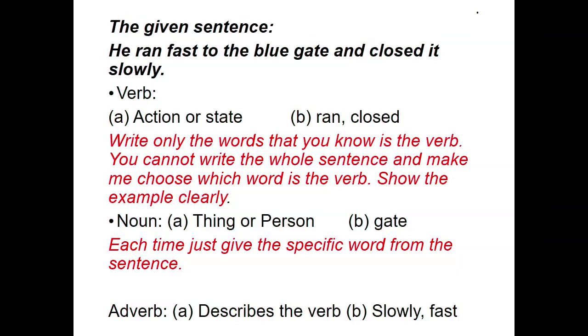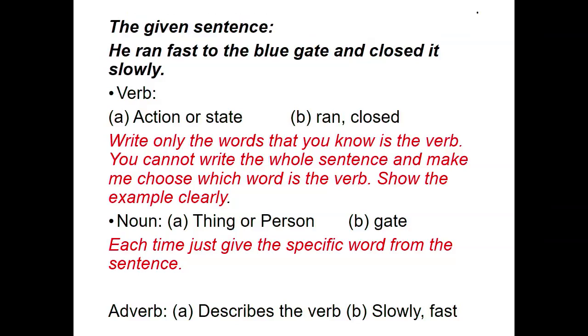Then I will ask you a verb. And then at A, you must give the action or the state. That means the function. What does a verb do? The verb is the action or the state verb in the sentence.